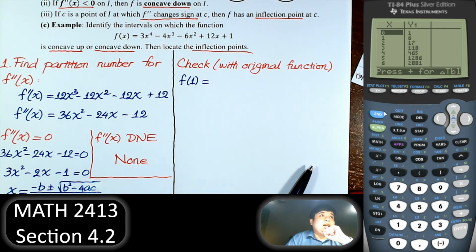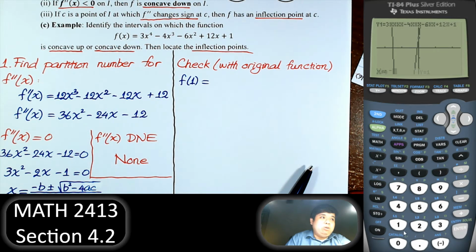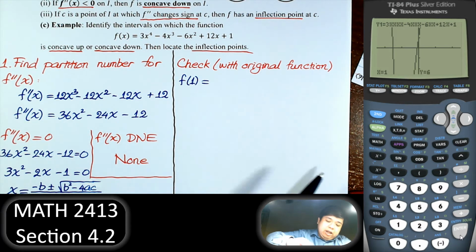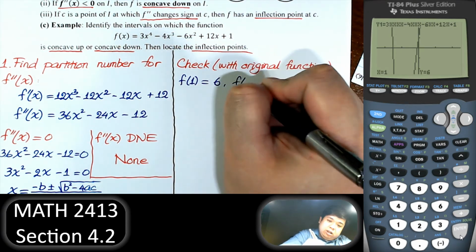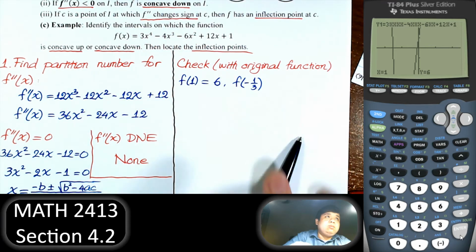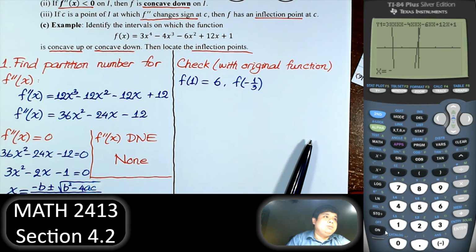Or we hit trace where we enter the values for x. We have the values for y. X equal to 1 and the function equal to 6, and where the function equal to negative 1/3. I really want to get the fraction here.